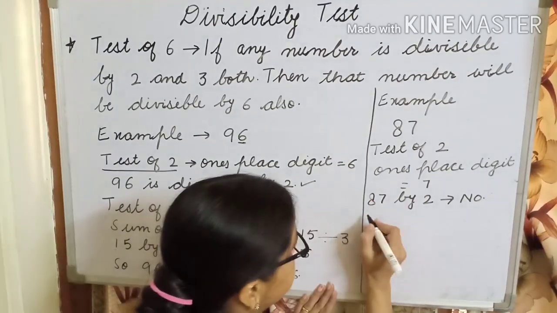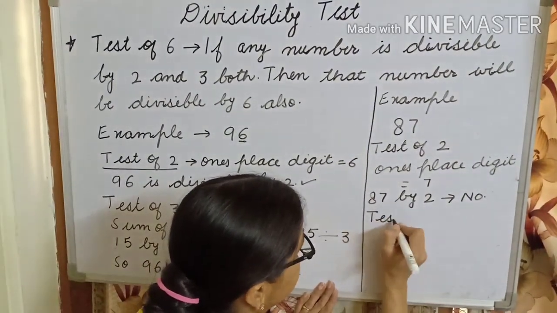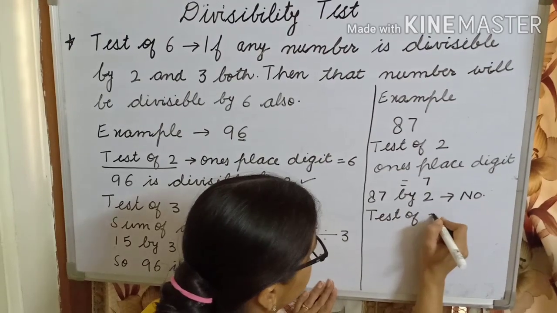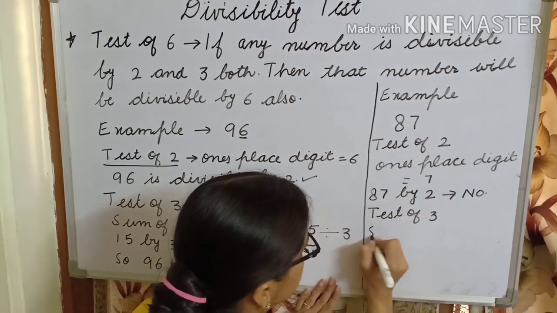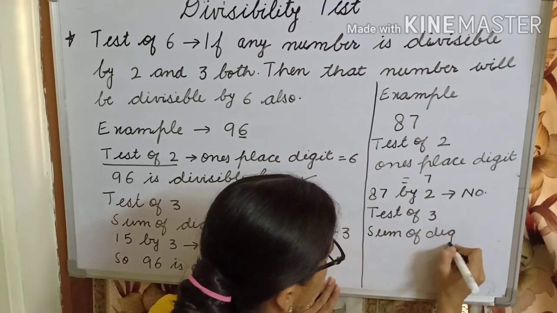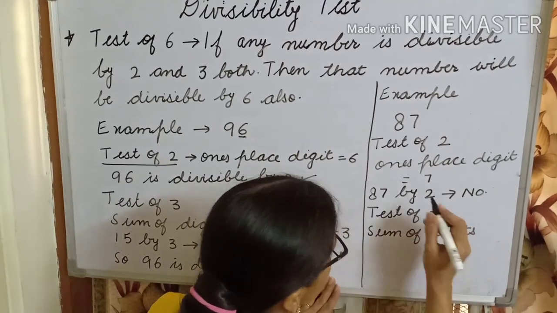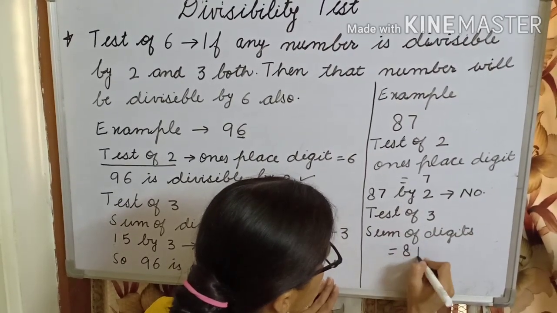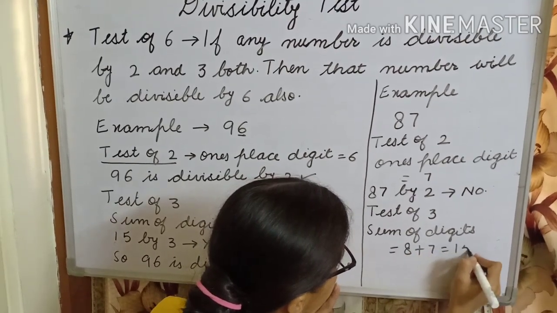Then for 3, sum of digits. 8 plus 7, 15.